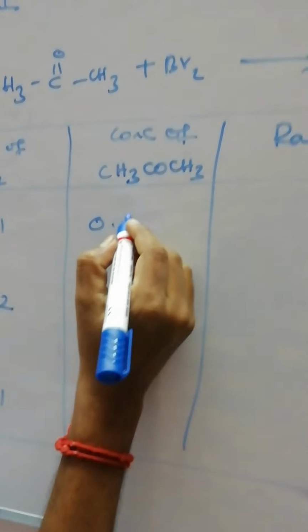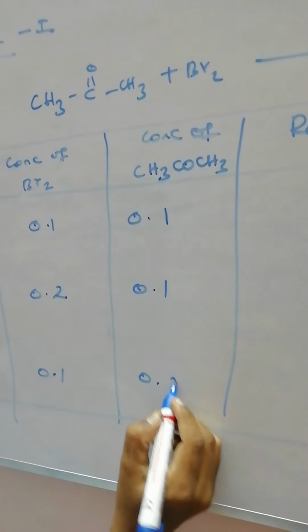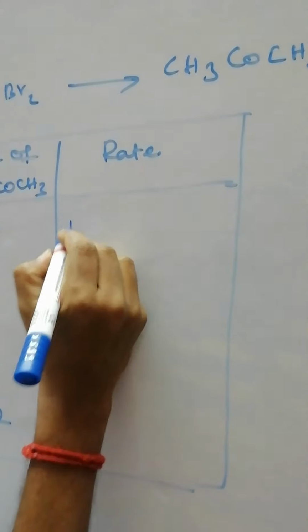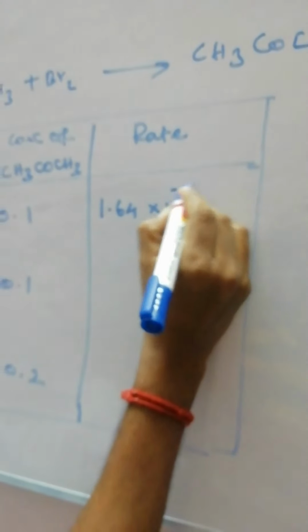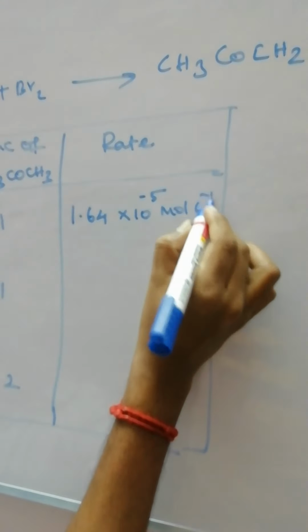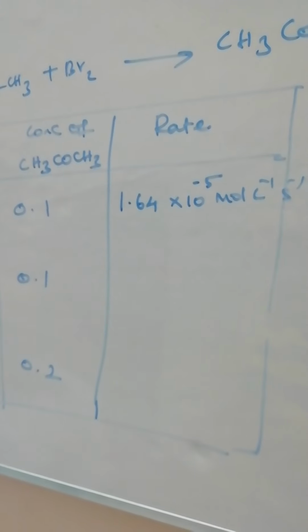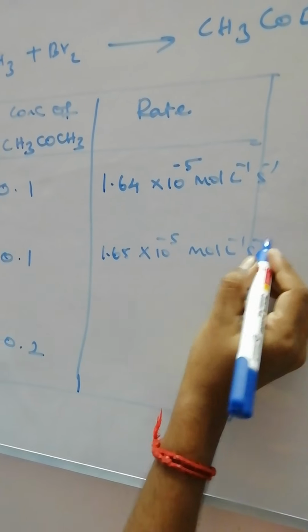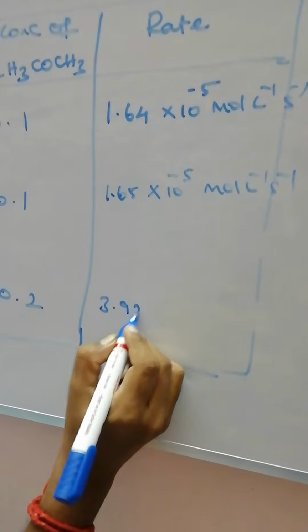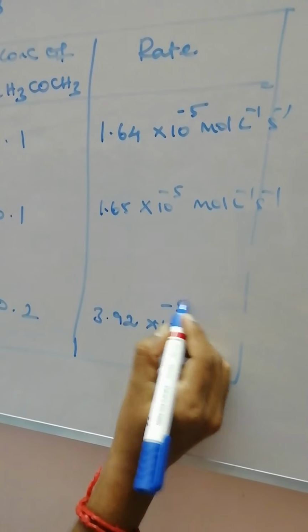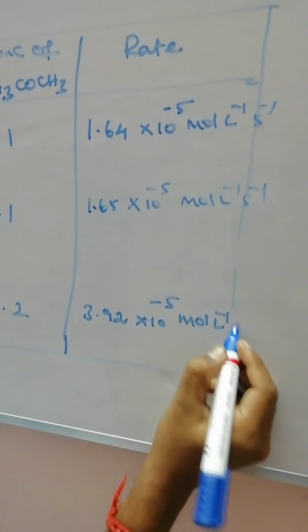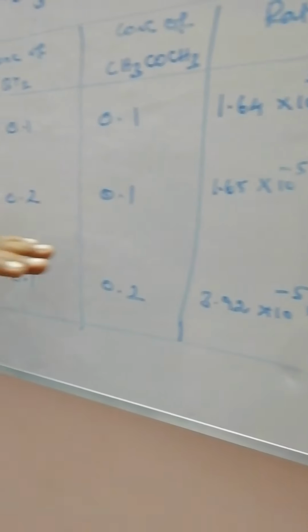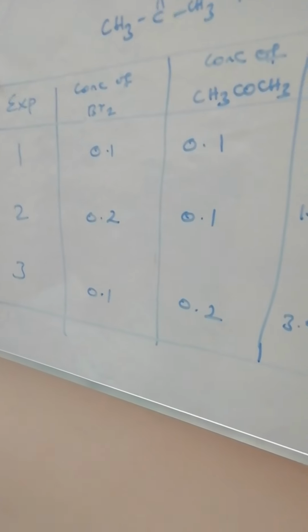Concentration of acetone is 0.1, 0.1, 0.2. Rate of the reaction: 1.64 into 10 to the power minus 5 mole per liter per second, here 1.65 into 10 to the power minus 5 mole per liter per second, here 3.92 into 10 to the power minus 5 mole per liter per second. So these are the data obtained with the help of experiment.